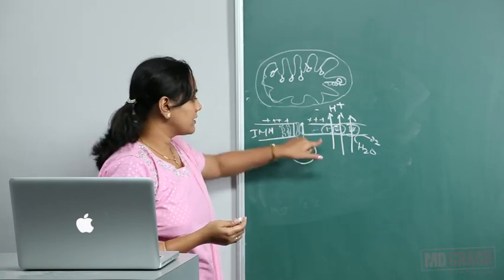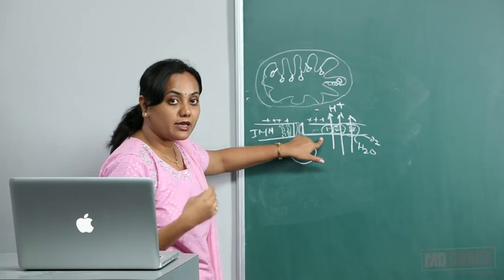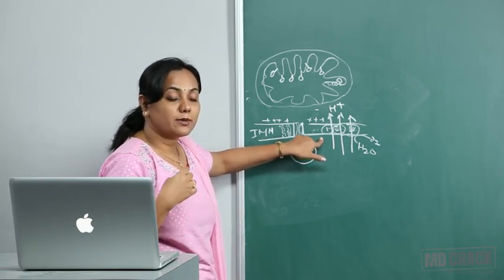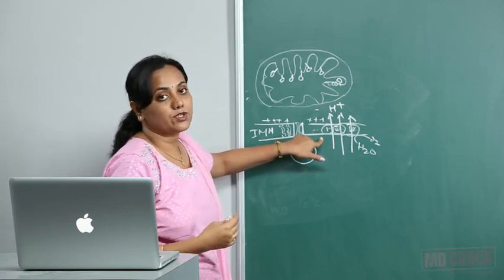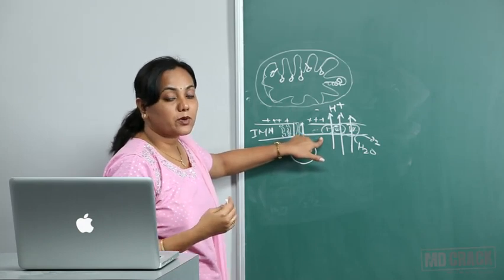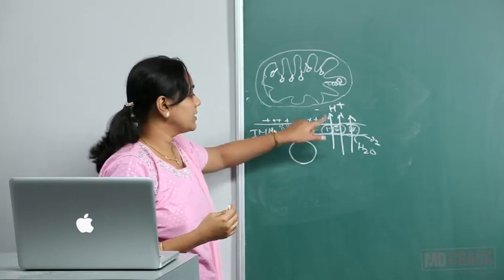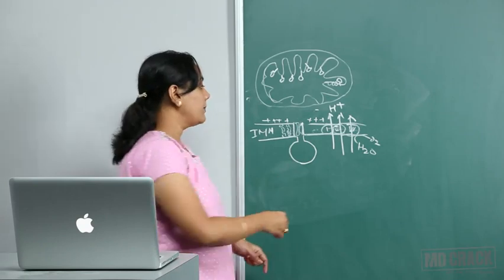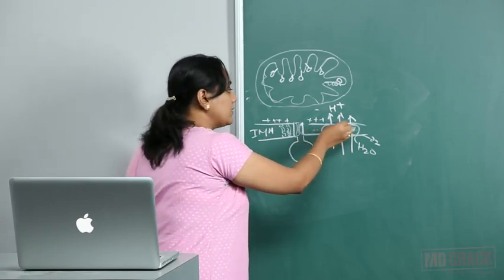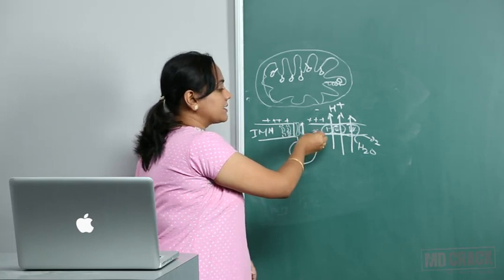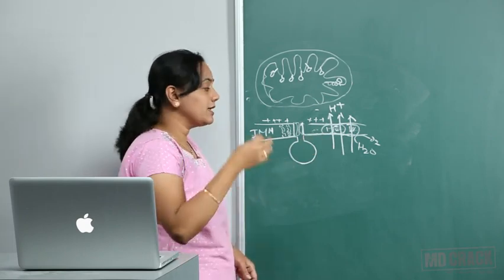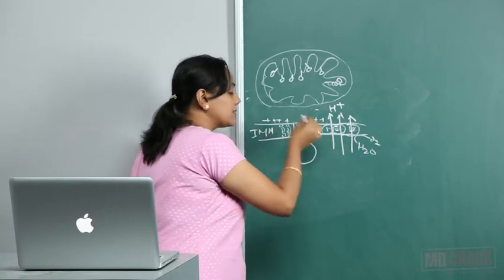So it has a chemical potential, and at the same time a voltage potential, an electrical potential, created across the membrane. An electrochemical potential is created across this membrane.